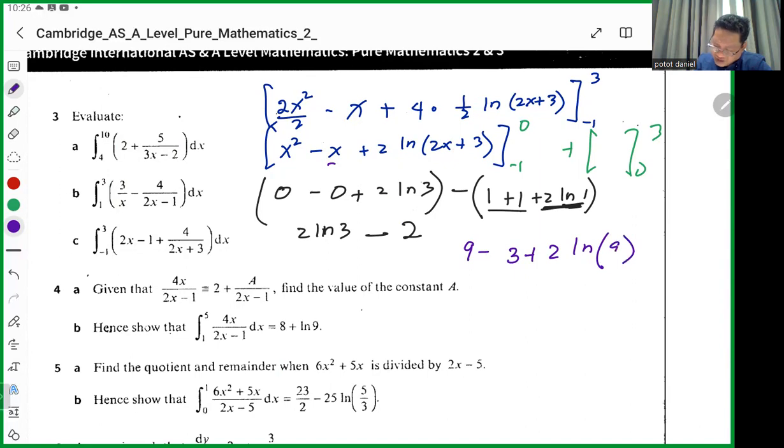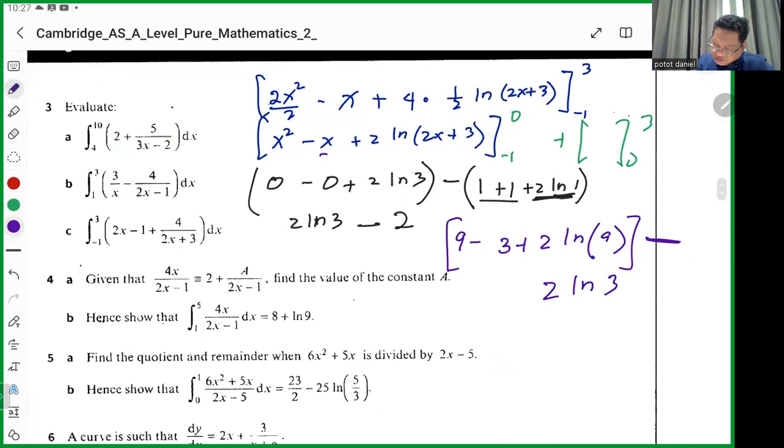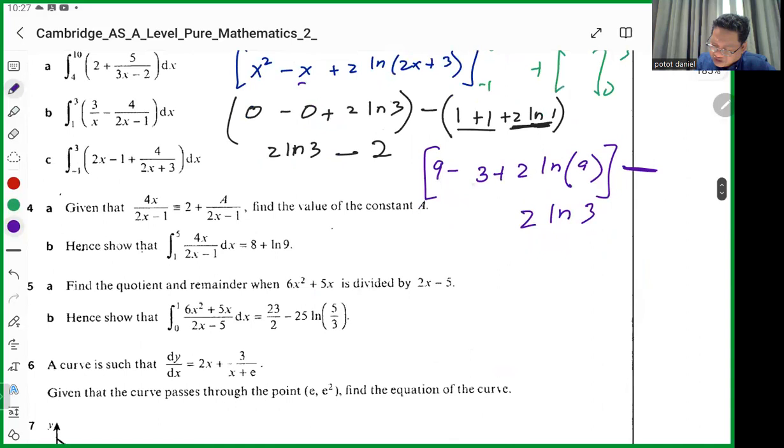Then you subtract what you get when you plug in the 0: 0 minus 0 plus 2 ln 3, so 2 ln 3. So this is now 9 minus 3 is 6, plus 2 ln 9 minus 2 ln 3.